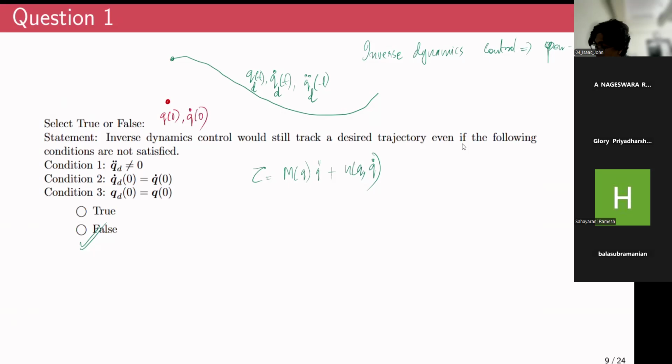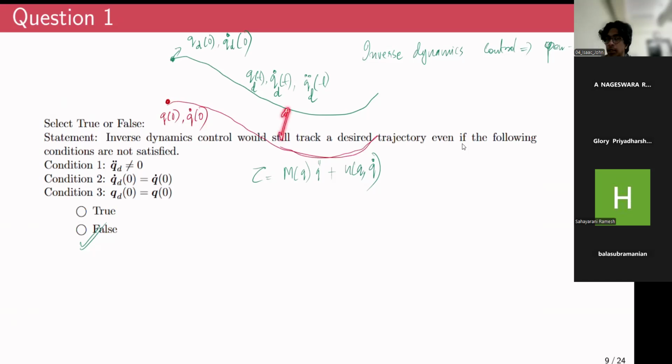And this point in green is the start position of the desired trajectory, Q desired of 0 and Q desired dot of 0. If the actual start position is different from the start position of the desired trajectory, your robot would still execute a similar trajectory, something like this.